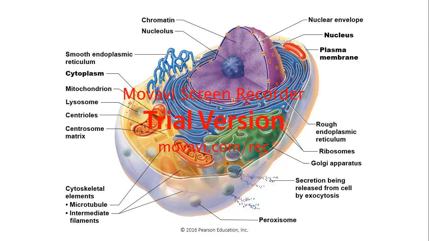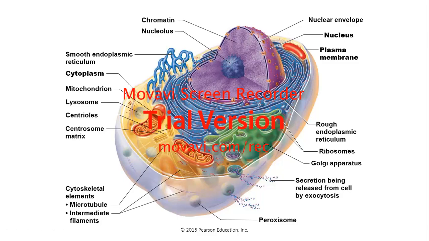But if it's something that's destined to be secreted outside of the cell, this vesicle fuses with the plasma membrane, and then it goes through what's called exocytosis. Okay, exocytosis is when, think of the cell kind of spitting out the protein.